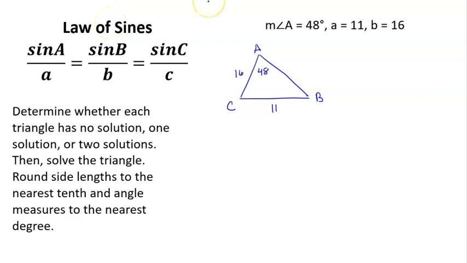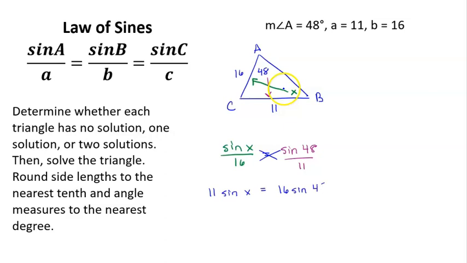So I'm going to make B X, and that's going to be across from 16. Then we've got 48 across from 11. So I've got the sine of X over 16 is equal to the sine of 48 over 11, and then from here I'm going to cross multiply, so I get 11 times the sine of x equals 16 times the sine of 48.